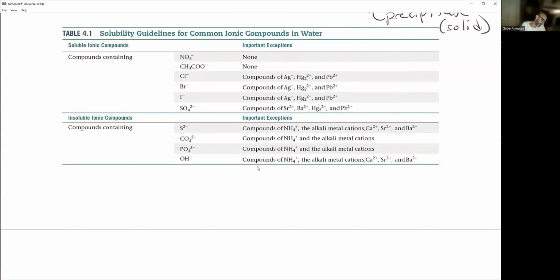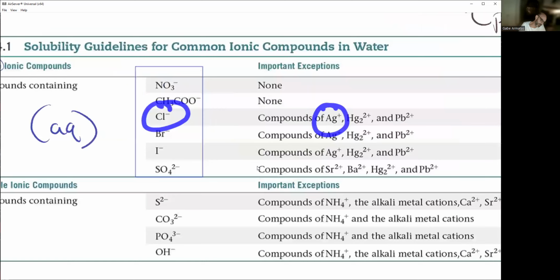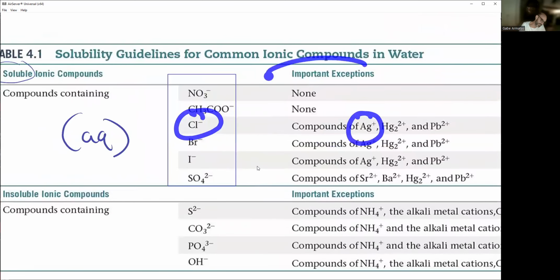So simply, any compound that contains any of these ions, I'm going to use blue because water, any compounds that contain those anions will be aqueous. They are in fact going to be soluble. There are a couple of exceptions. So if I have chloride combined with silver, that is an exception.